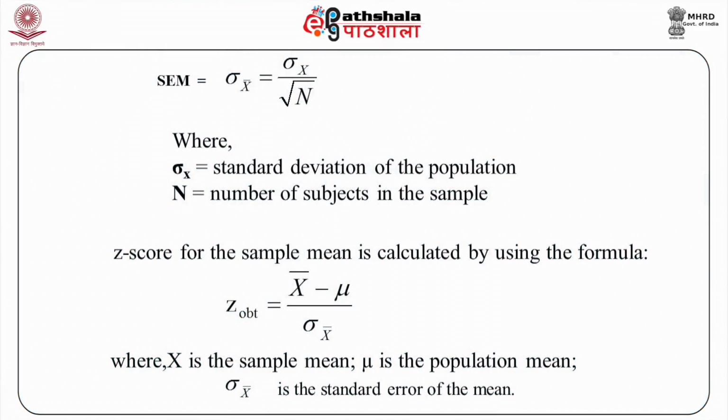The standard error of mean, that is sigma x bar, is equal to sigma x upon the square root of n, where sigma x is the standard deviation of the population and n is the number of subjects in the sample.